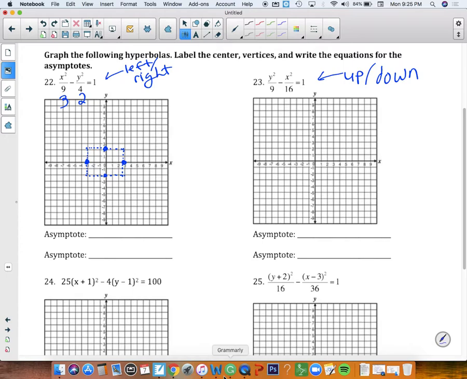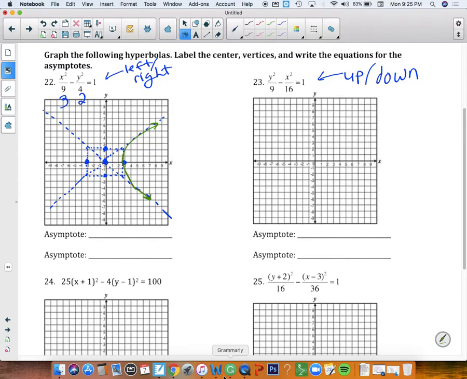Now we need our asymptotes. So my center here, I didn't draw that, but we can draw the center in there anytime. So I draw my asymptotes coming out from the center, going in all directions. And then we can draw our hyperbola. Okay, so it's going left and right. So we need to start from the vertices on the left and the right and just kind of draw it out and try to get close to those asymptotes.